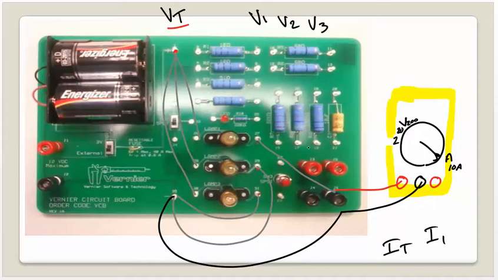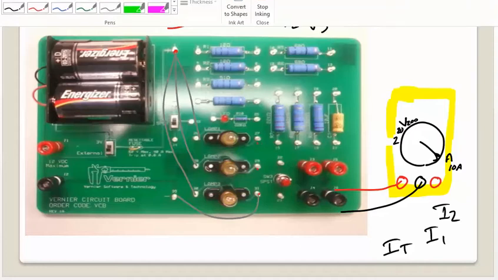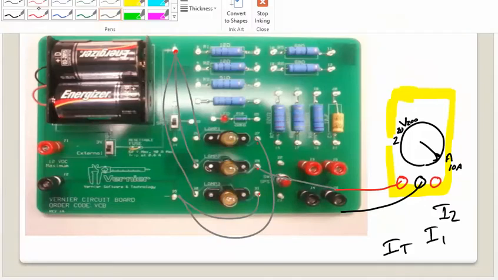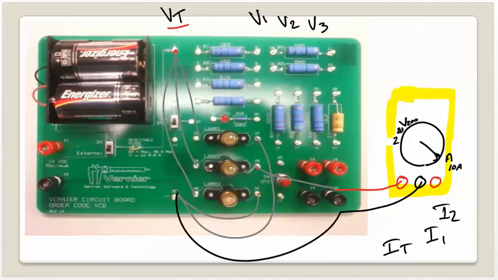I'm finding the current through the first light bulb because it's having to go through the multimeter. So this would be I1. If I wanted to find I2, then I would disconnect the second one, run it to here, run the first one back over, and now I would connect that there. So when I want to find the current, depending on what I'm trying to find, that's going to be the one I'm disconnecting.